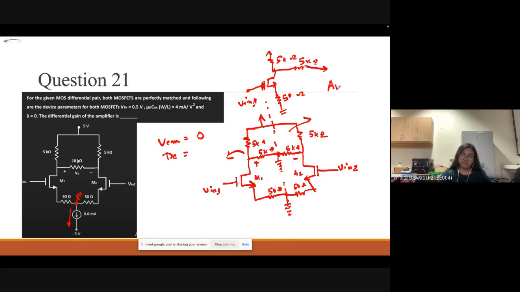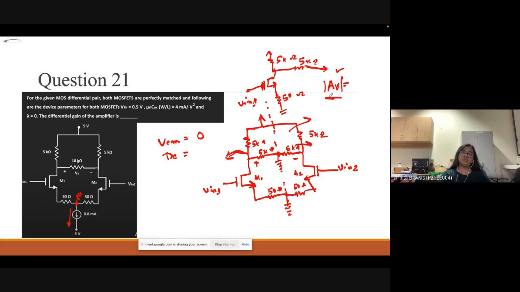So what is the value of AV? In the source there is a resistance present, so in that case how will you calculate the gain? For the half symmetry, if you are calculating for one case, it is also the same value for the second case. So AVM will be equal for both cases.